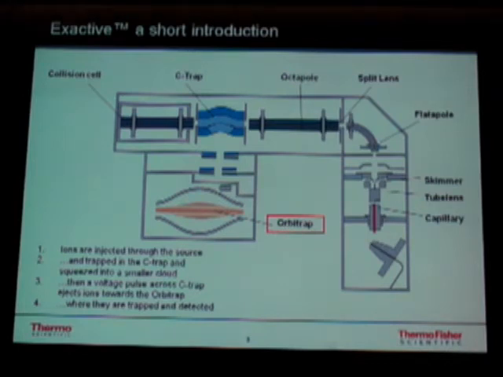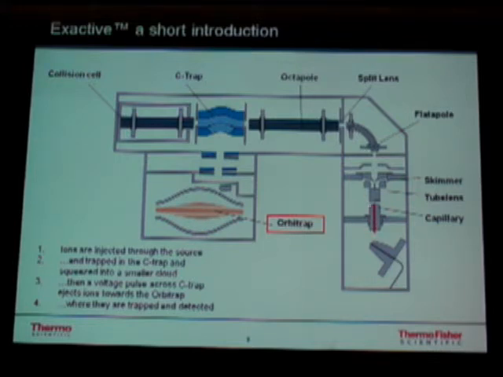This is a schematic of Exactive, which is based on the Orbitrap technology. This is where the ion source is, and this takes the heated electrospray source. The ions are formed here, and this is the ion packet that is going through.